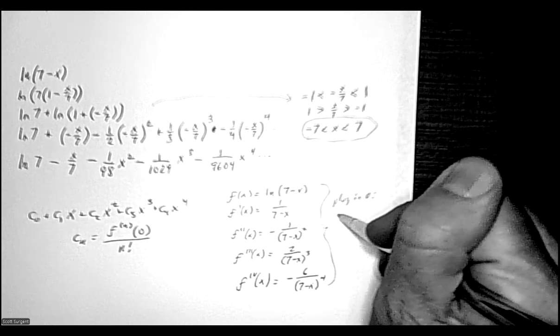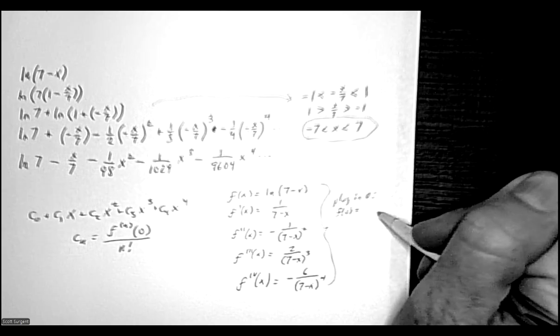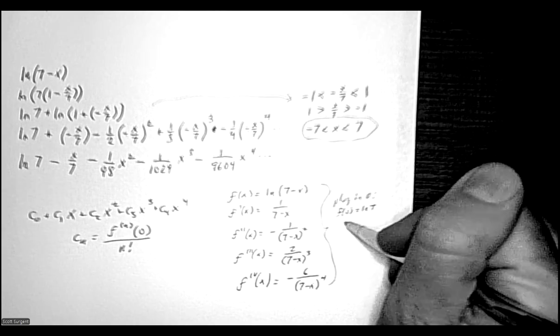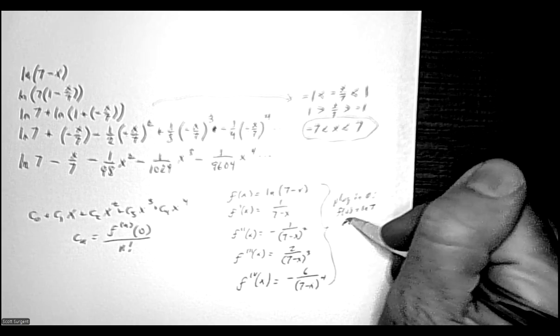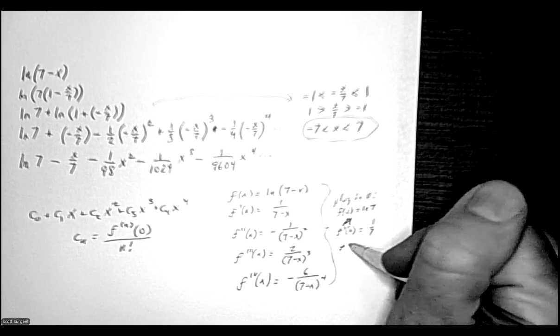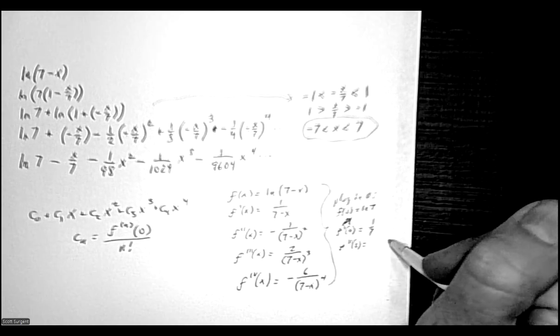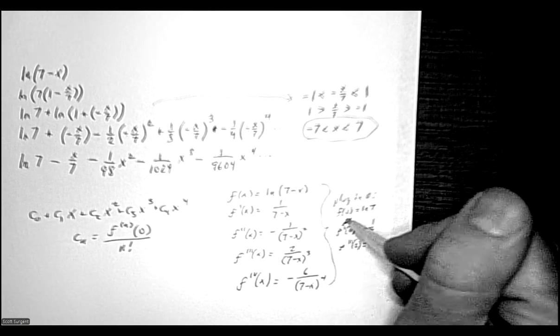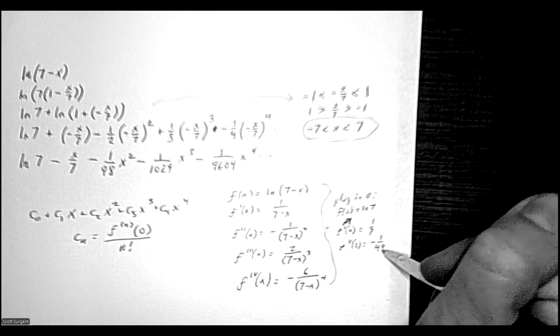So you get f of 0 is ln 7, f prime of 0 is 1 over 7, f double prime of 0 is -1 over 49.